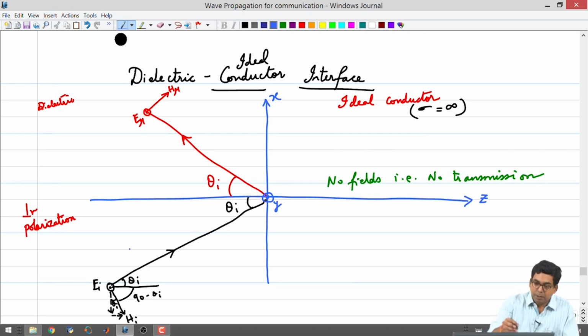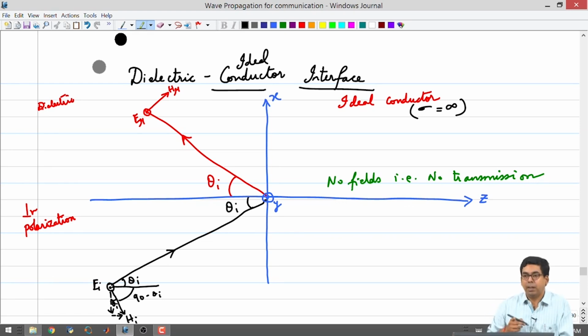Also we notice that since you are launching the field in this manner, it bounces off the interface and travels upwards. Suppose I placed a second conductor somewhere over here, this wave would travel further, nothing would be transmitted into the ideal conductor and it would get reflected back.